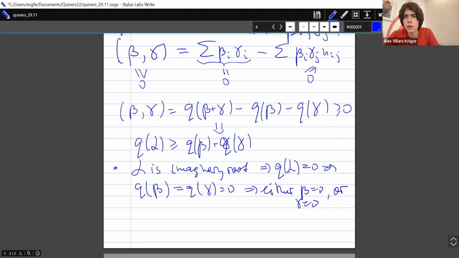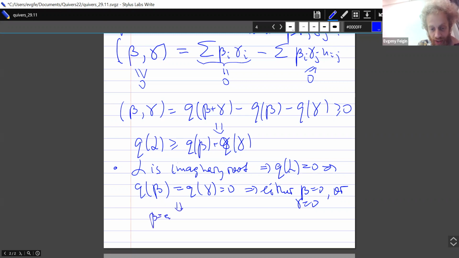Delta has no zeros. You remember that, actually we've seen it in examples, but we also proved it in general that delta can have no zeros, because then it could be more than one-dimensional. Let me repeat the logic. We know that Q of beta and Q of gamma are 0. So we conclude that beta is a constant times delta and gamma is a constant times delta.